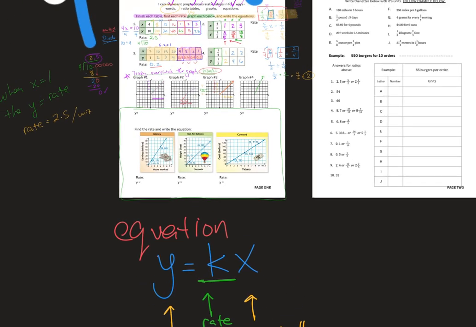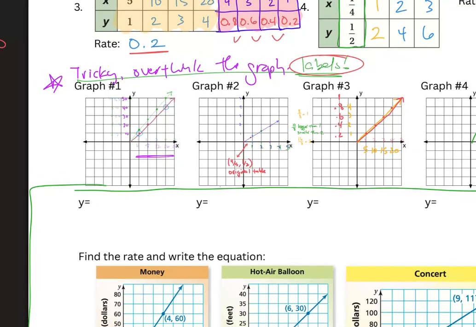So check this out. If the rate on this one was 2.5, check out our equation: y equals 2.5x. I told you, the y didn't change, the x didn't change. That was the rate, it changed.